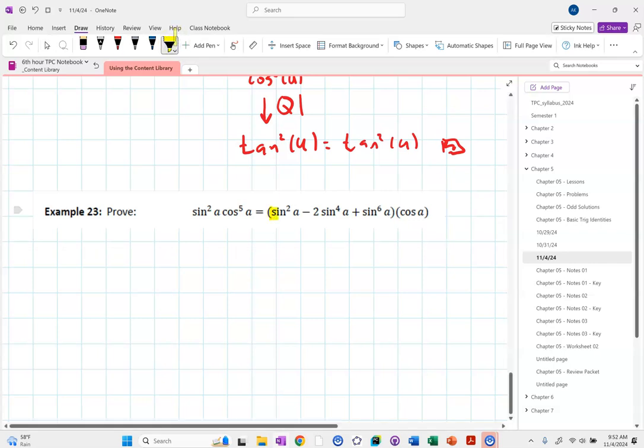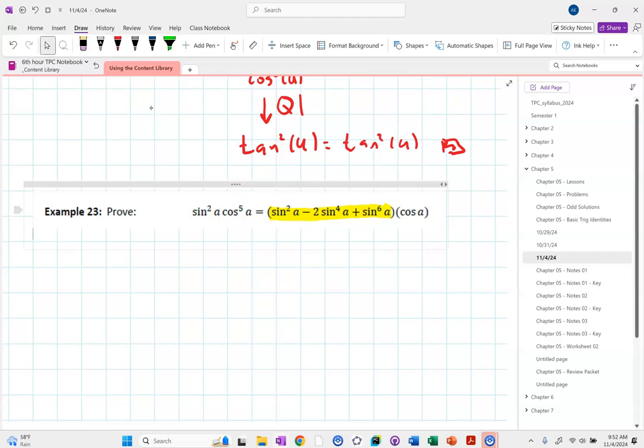When I look at this piece, though, somehow that's going to have to turn into a sine squared and a cosine to the fourth, right? Can you kind of see that? So the only way that's going to happen is having to factor some stuff, right? I don't love that option. Sure.